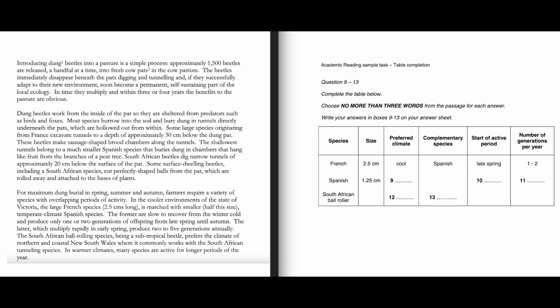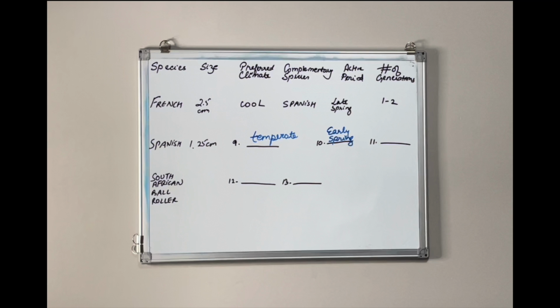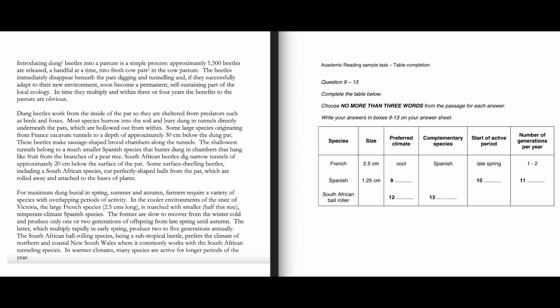So the correct answer in this case would be early spring. Now the line continues and it says that it produces 2 to 5 generations annually. So here we have also found the answer to question number 11, which says that the Spanish species produces 2 to 5 generations annually. So the correct answer to question number 11 would be 2 to 5.